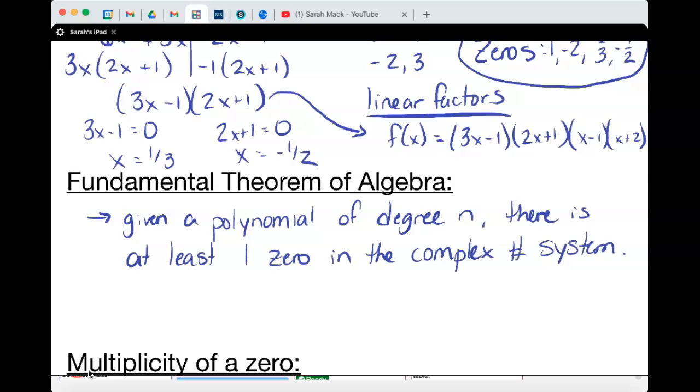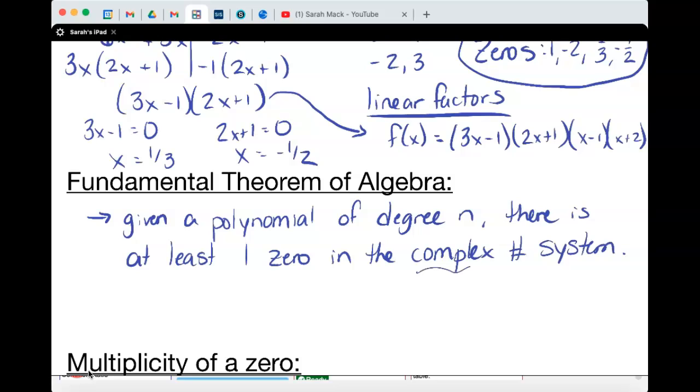So I always say with the degree, our 4th degree polynomial from our last example, we should get 4 zeros. That typically is always the case. It's just sometimes those zeros could be repeated, which is what we'll get to, the multiplicity of a zero. But for the most part, if you have a fifth degree polynomial, you should have 5 zeros. First degree polynomial, you should have 1 zero.